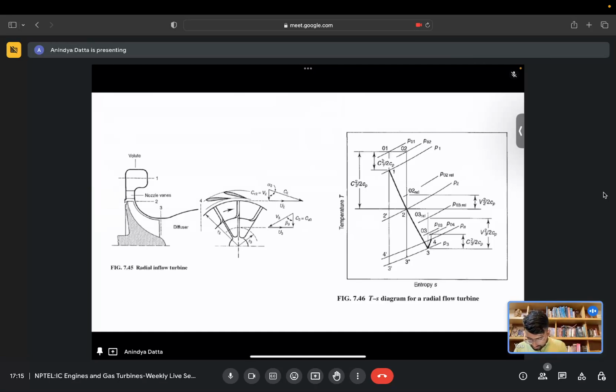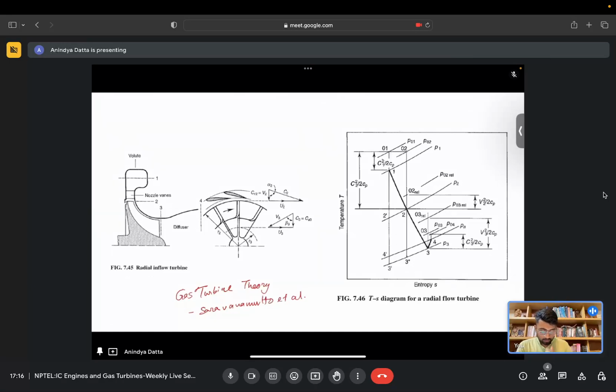This figure is taken from the book Gas Turbine Theory by Saravanamuttoo et al. Saravanamuttoo is the main author. Some of the lecture contents discussed by the professor are from this book, so you can refer to this book also if you want to learn more about these things.